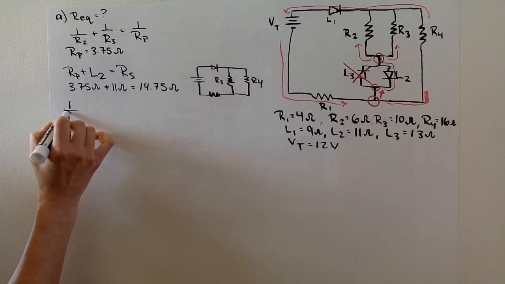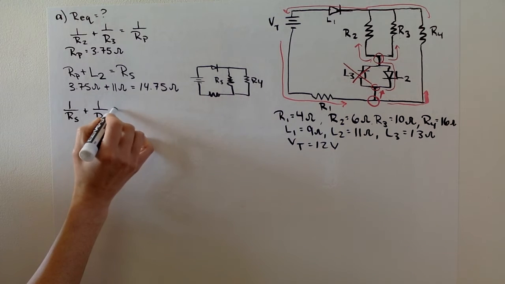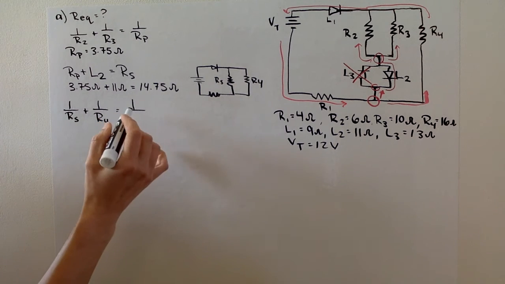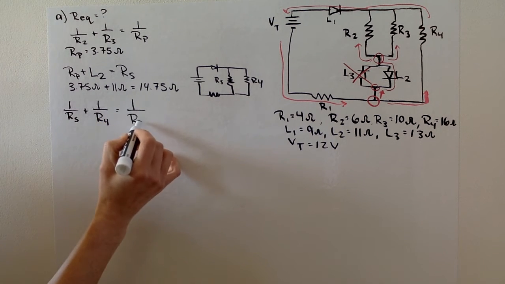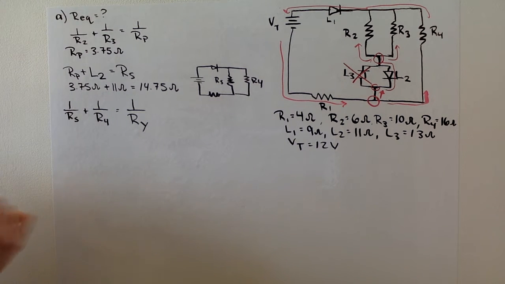I have 1 over RS plus 1 over R4 equals 1 over, let's call this RY. The letters don't really matter here.